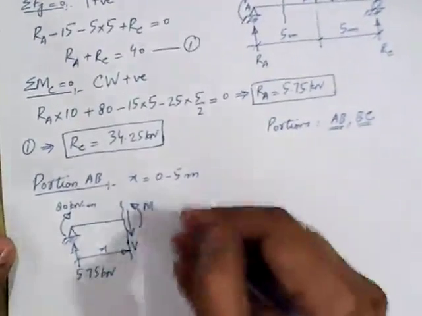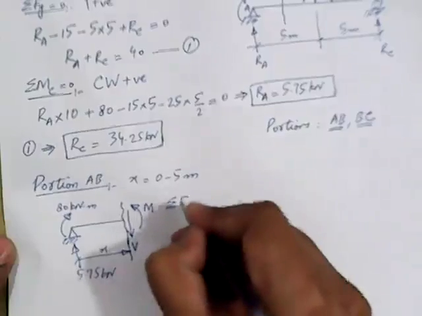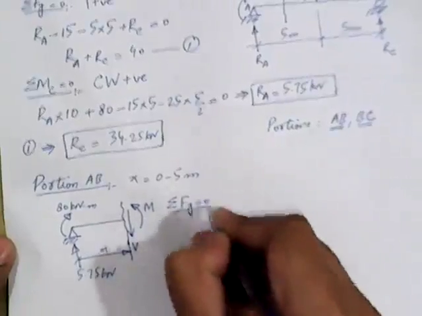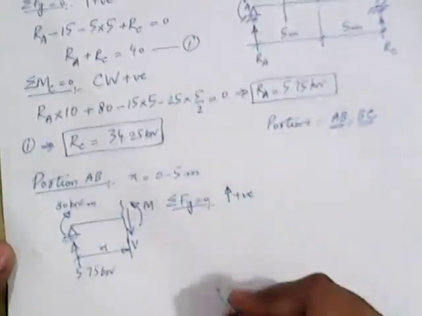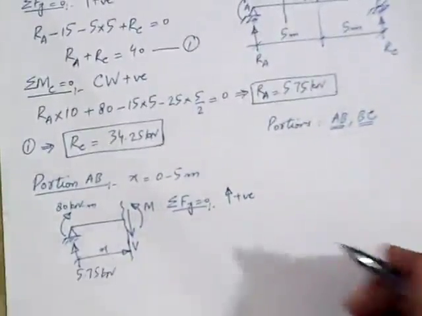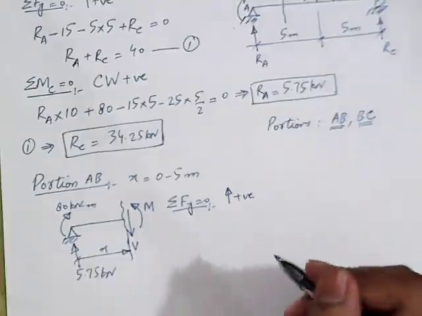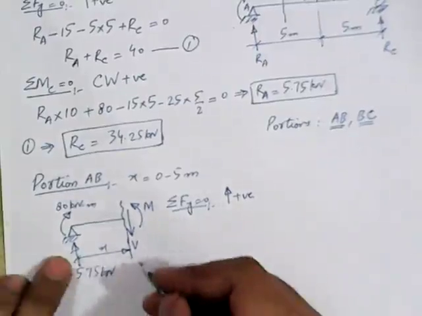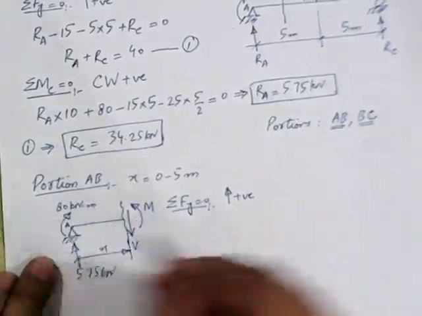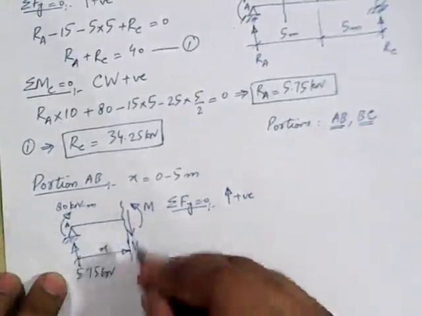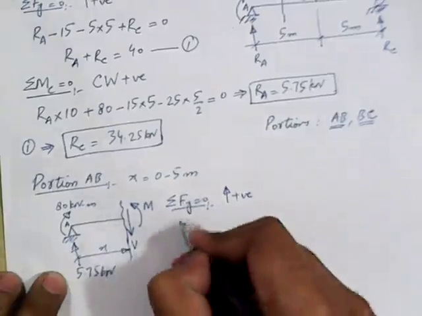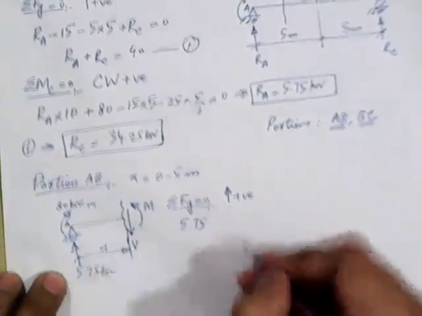For shear force, we will apply sigma Fy equal to 0, and our convention will be we take upward forces as positive. So how many vertical forces are there in y direction? Starting from this end A, we have this force 5.75 kilonewton acting in upward direction. So it is positive 5.75 kilonewton.